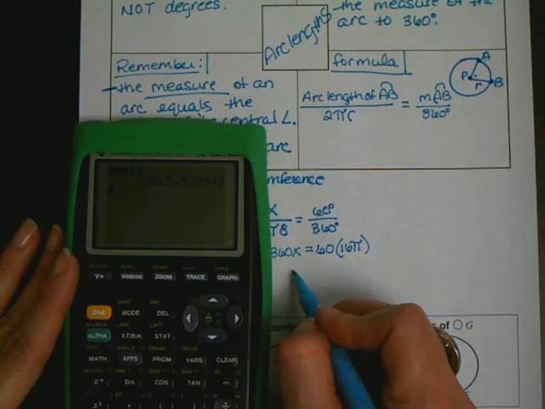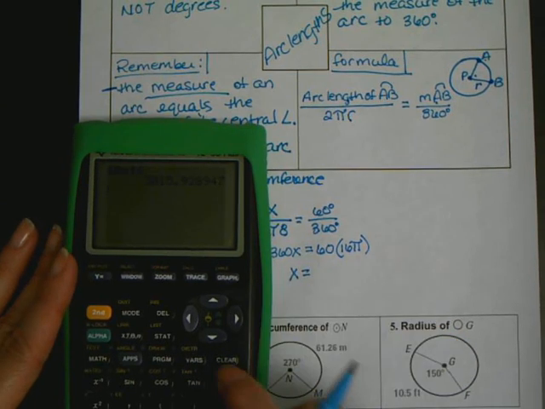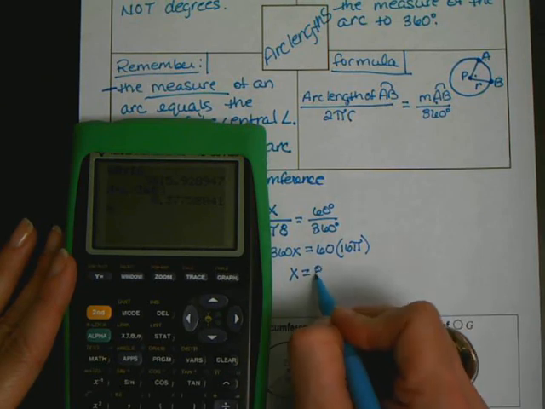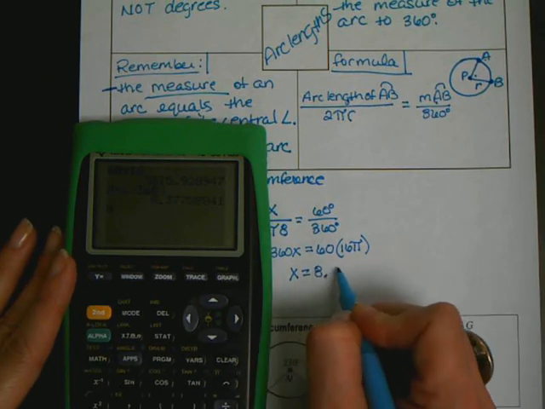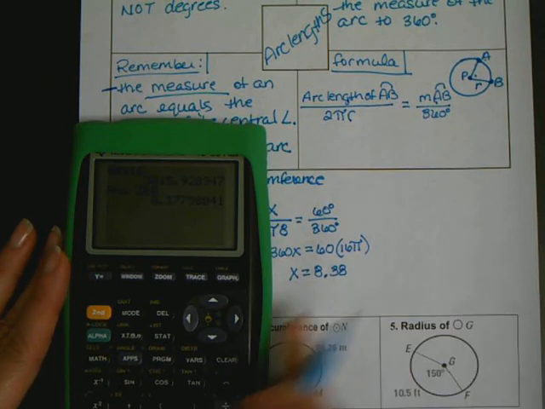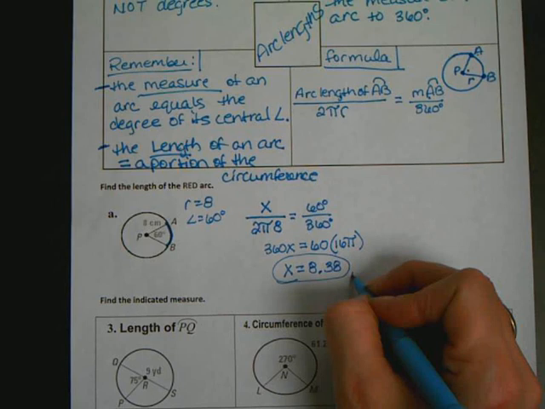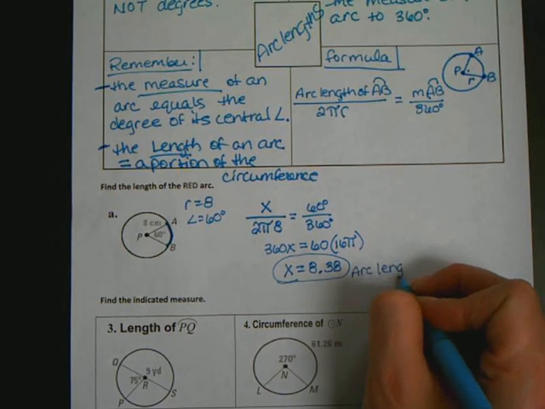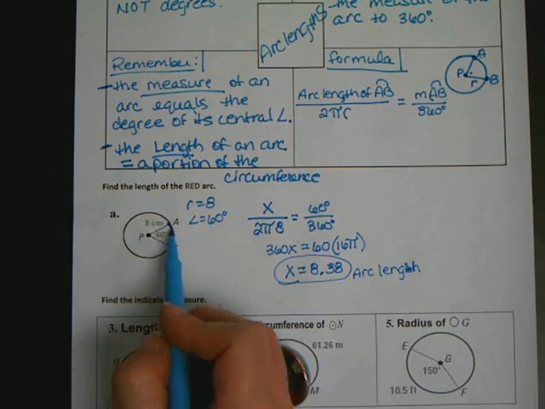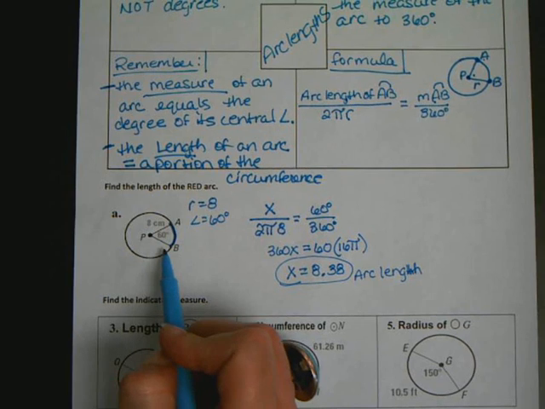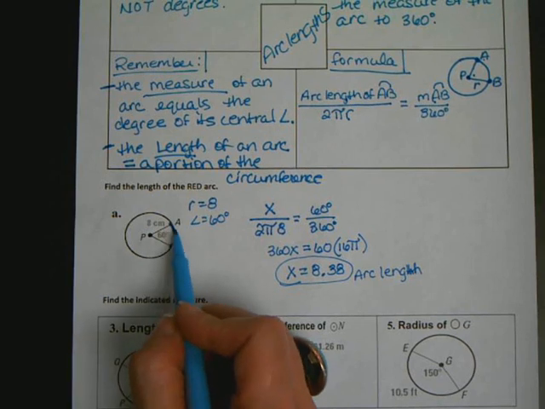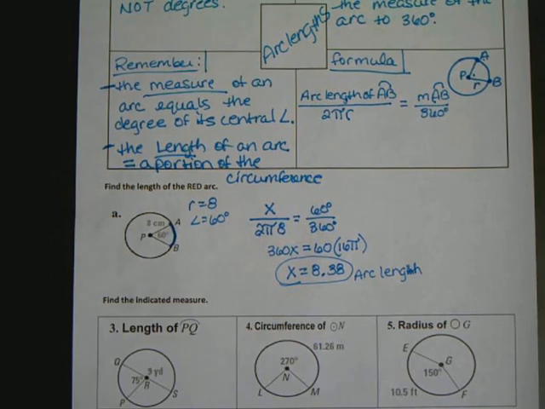And then I'm going to divide that by 360, and I'm going to get 8.38. So this is my arc length. My whole entire circumference is 16 pi. The length of my arc is 8.38, a portion of that. So those are some quick examples of how to use your arc length formula.